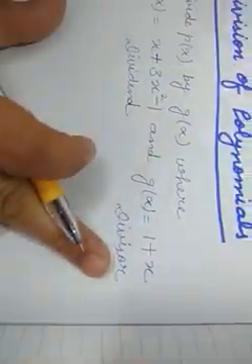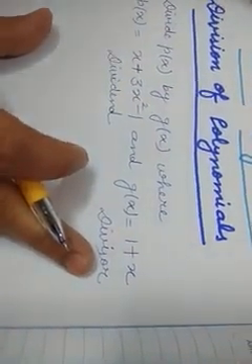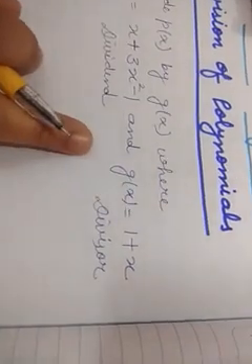So both dividend and divisor should be in descending order of their degrees. That means firstly there should be the highest degree term, then lesser to it, and in the last the constant term. Now this is not in descending order. Firstly x power 1 term, then x square term.